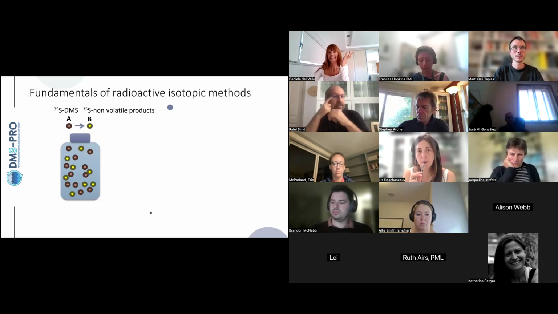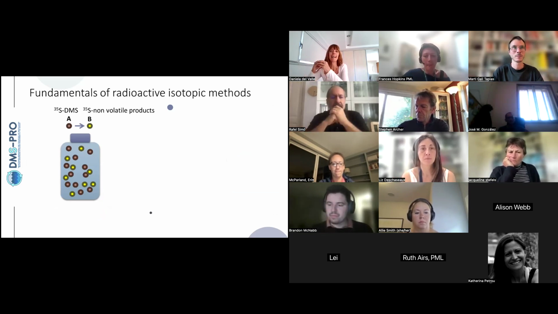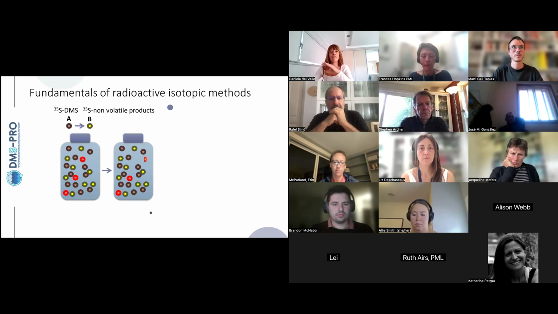So let's assume we have this reactant A and a product B, and let's say we're measuring DMS consumption. In this case, we inject our labeled DMS into the sample. After we incubate the sample in our bottle, we have both our labeled unreacted DMS and the labeled products from DMS consumption.